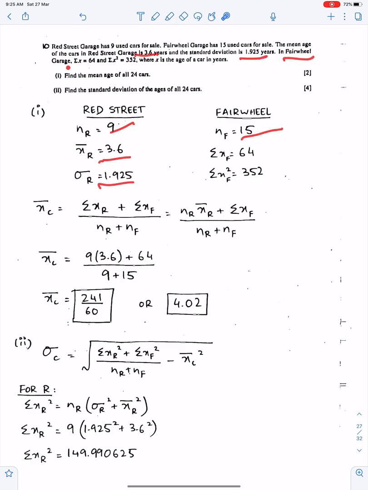In Fairville, sigma x is this and sigma x square is this. Now we need combined mean, and this is the formula of combined mean. So 9 times 3.6 sigma x, and sigma x is 64. You can write the sigma x here.